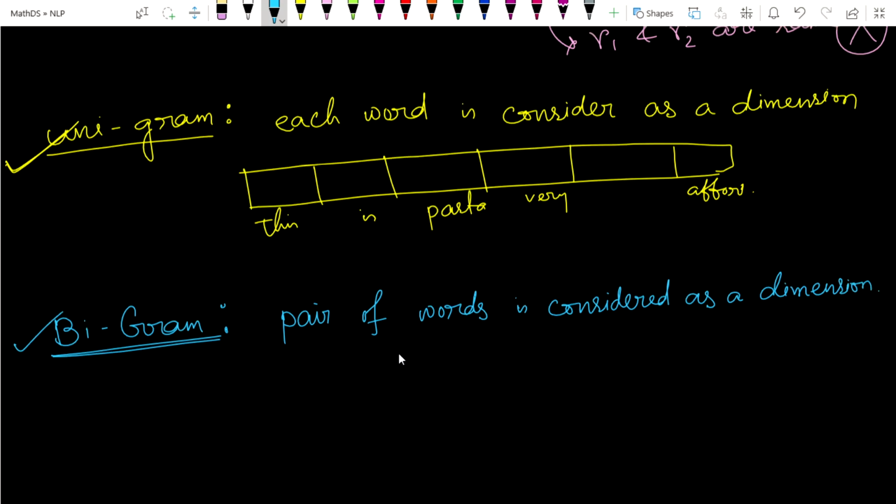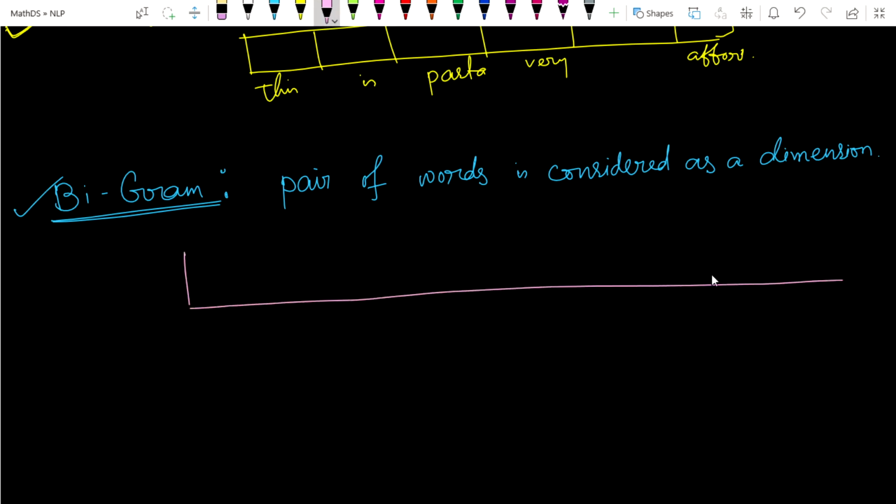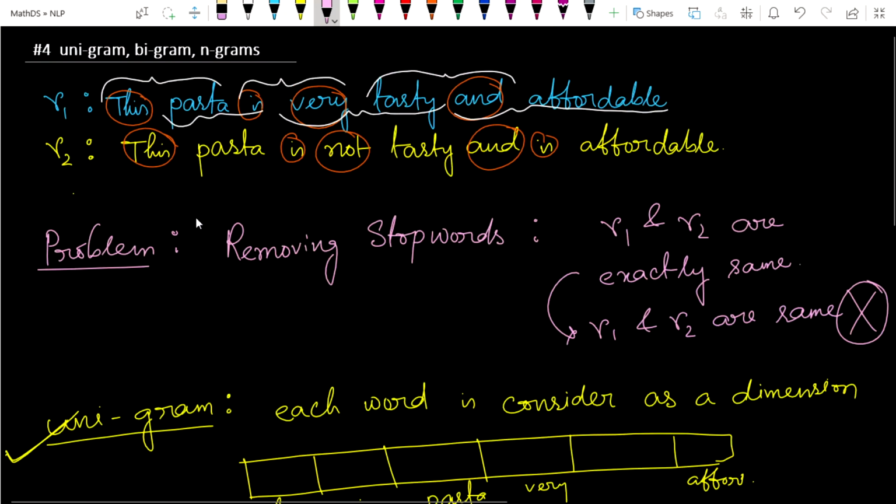The structure will look like this. The first dimension will be responsible for "this pasta".